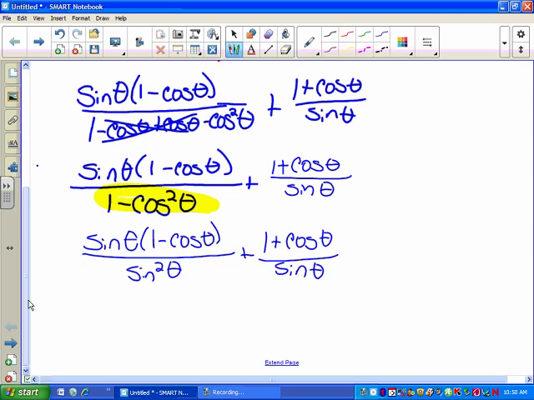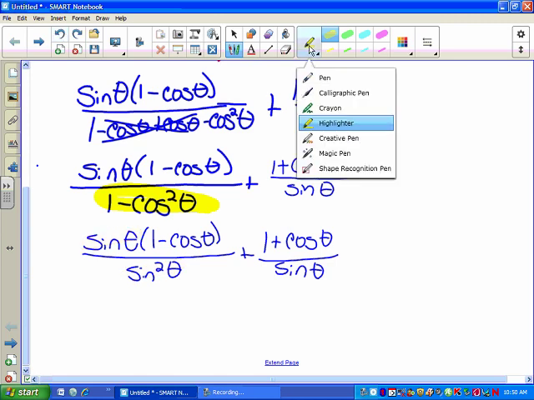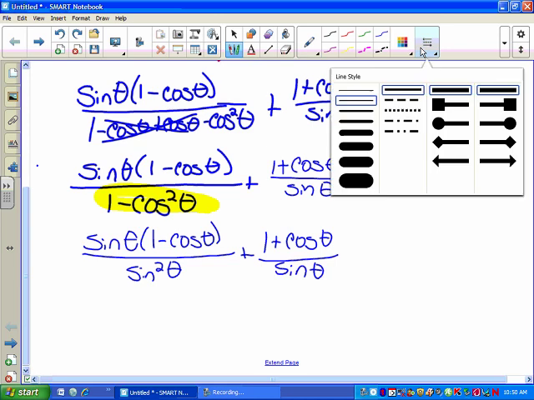Look over here. Do you see how I have in the numerator and denominator a sine theta, connected by multiplication, so it's okay to reduce that. So we're going to reduce away one sine theta.